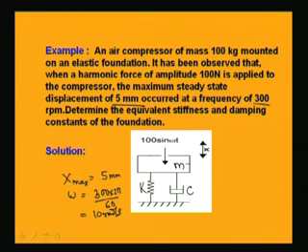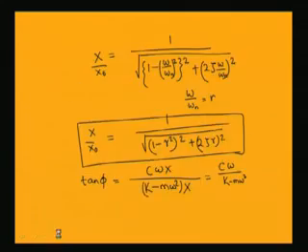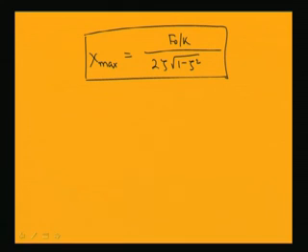So, I know omega and I know x max. Now I have to find the equivalent stiffness and damping of the system. I know this formula: x max equals f0 by k by 2 zeta root over 1 minus zeta square, and f0 is given to be 100 Newton, m is given to be 100 kg, and the steady state maximum x max is given to be 5 mm.